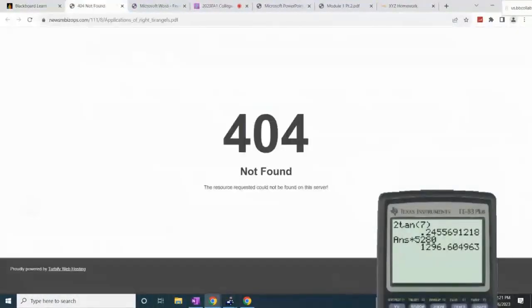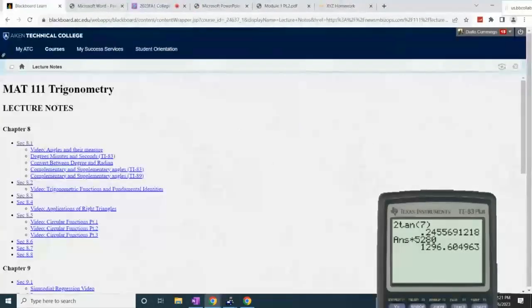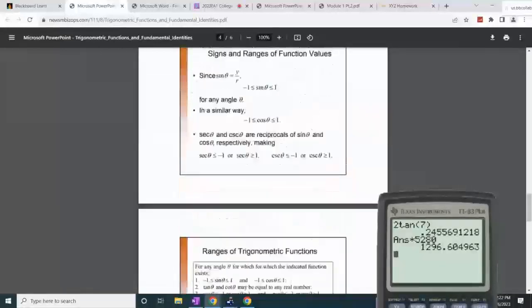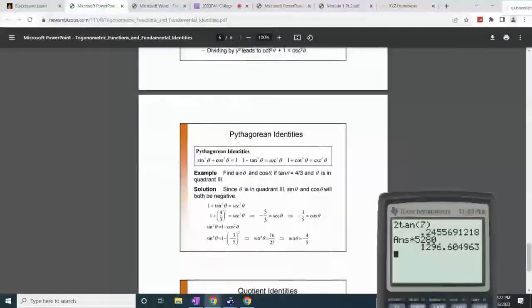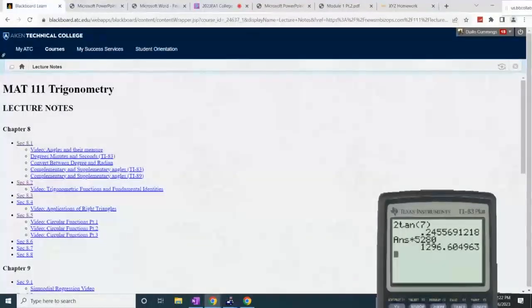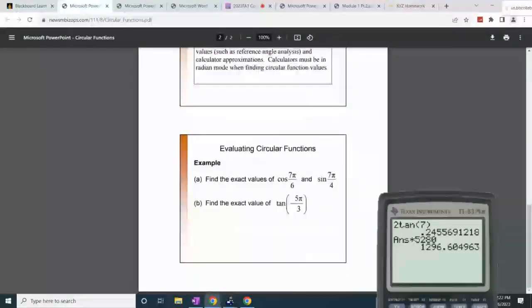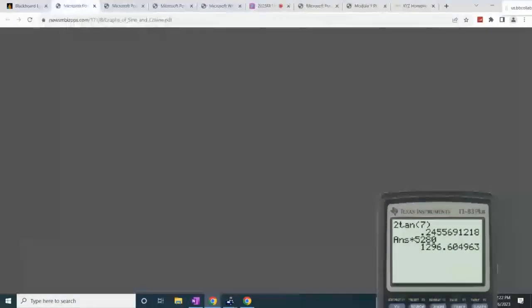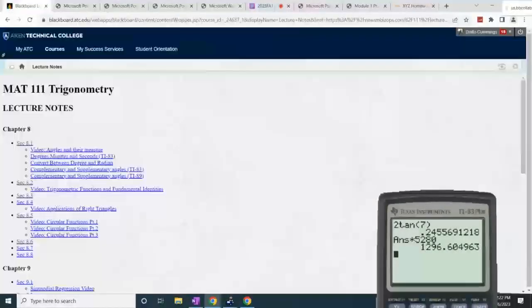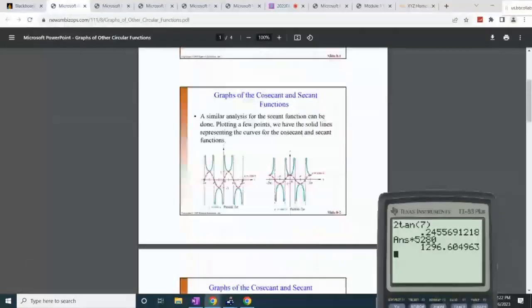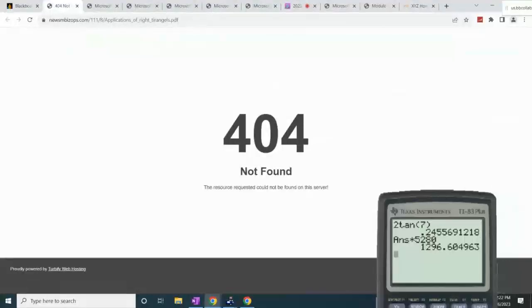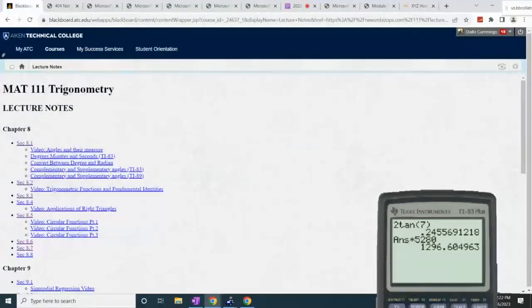I think it's 8 point. I thought they were somewhere on here. Okay, let me just write them down.